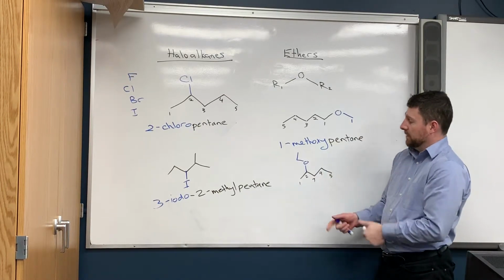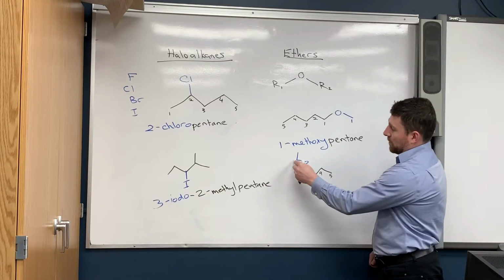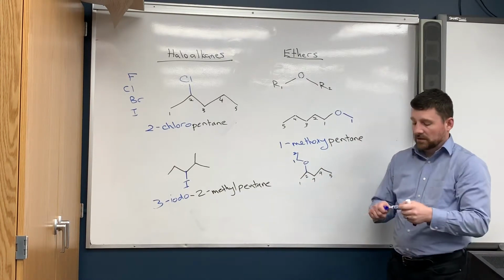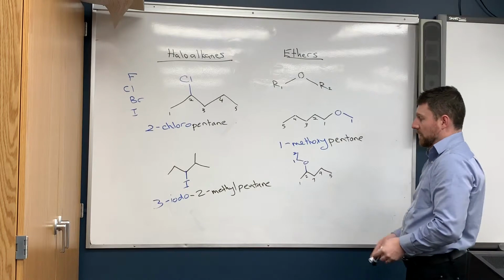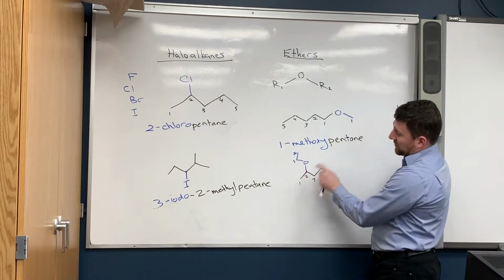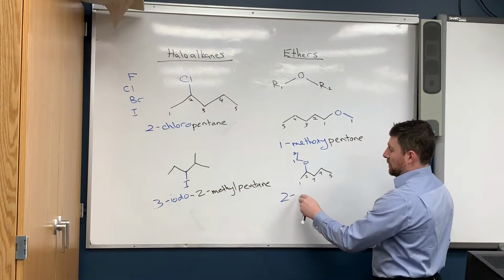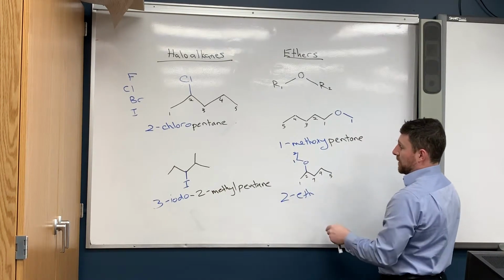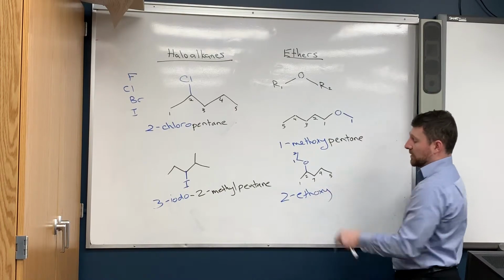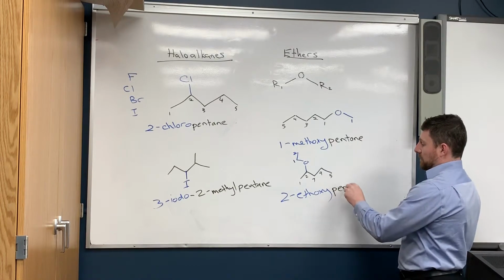So still my longest chain is the 5-carbon chain, and this is only a 2-carbon chain. So now, because it's a 2-carbon chain on the other side of the oxygen, it's an ethoxy group. And the ethoxy group is attached to the 2nd carbon on pentane. So this time we're just going to call it 2-ethoxy, because it's attached by an oxygen. And it's on a pentane main chain.